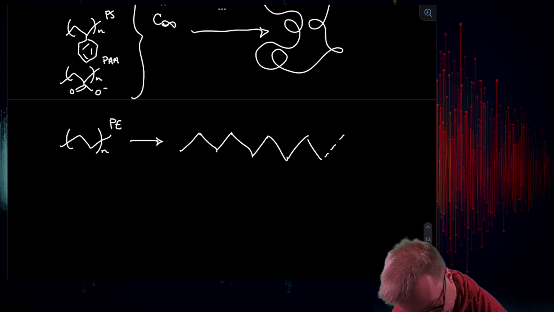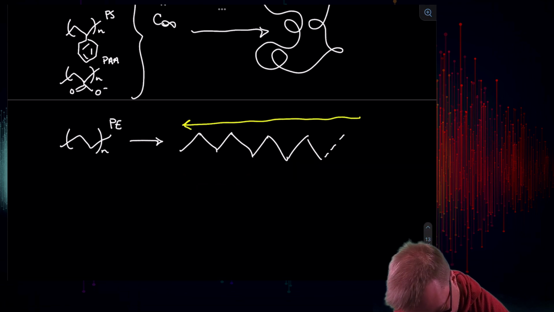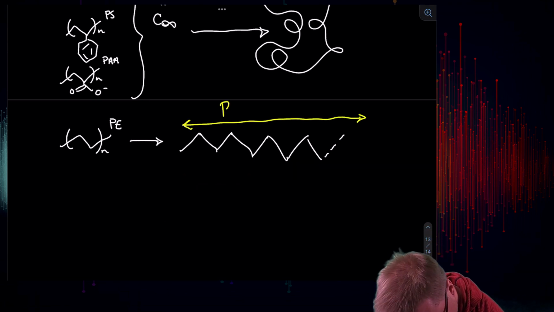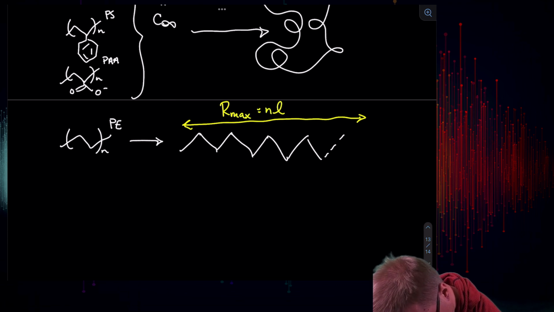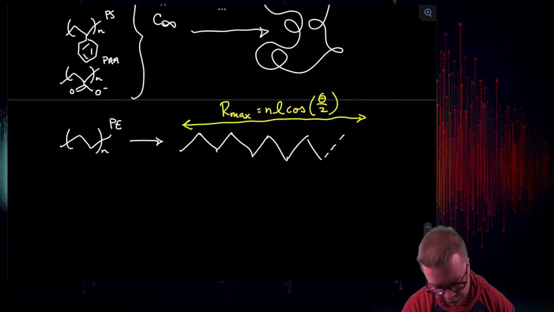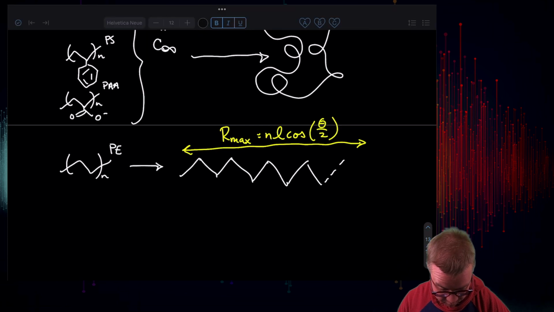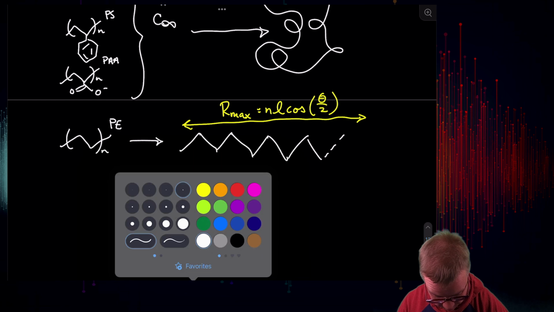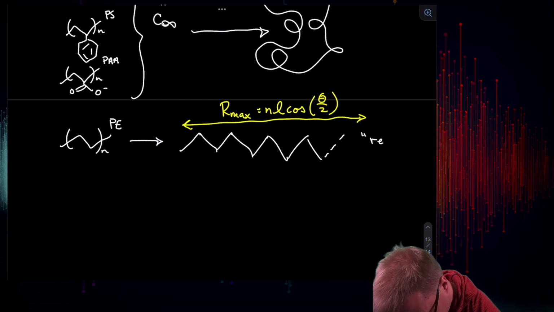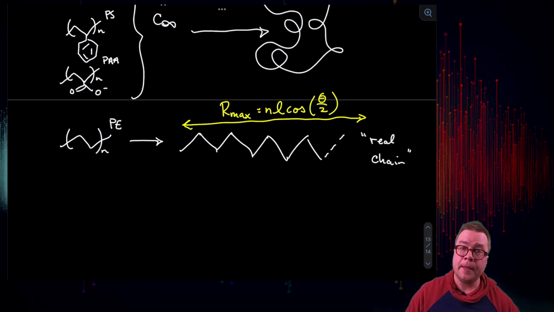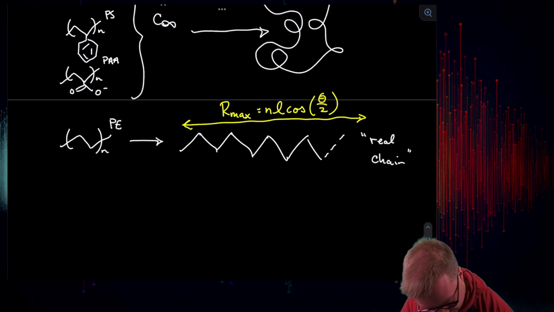And so this polymer chain is going to have a total length R max equal to N L cosine of theta over 2. Okay, so this is the actual chain. This is what I would call the real chain.